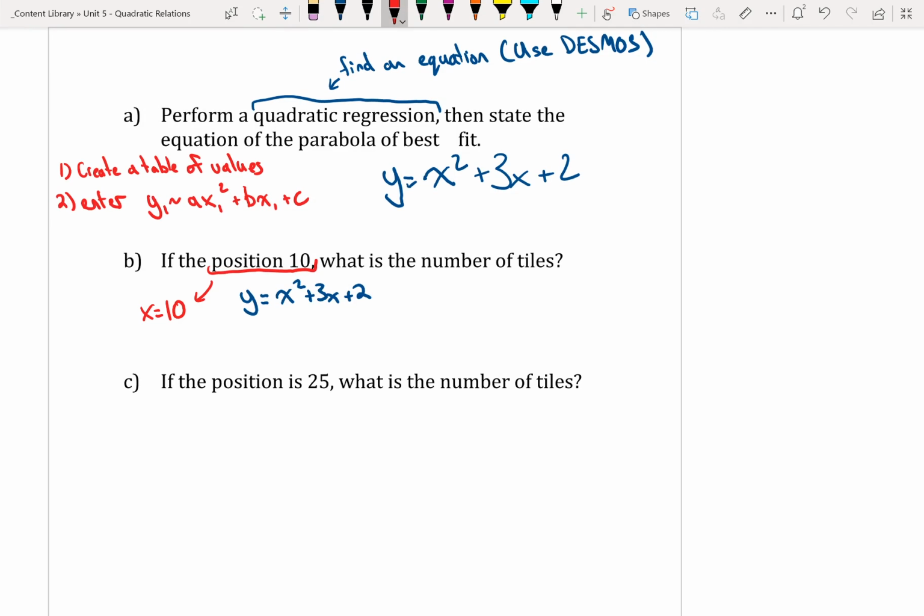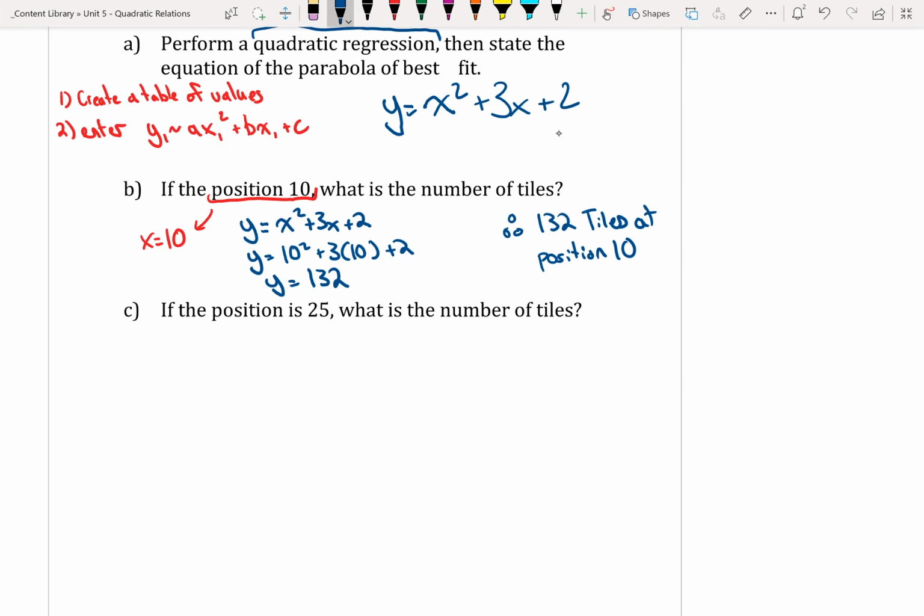So x is equal to 10, and I want to figure out what y is. In my equation, I'm going to substitute 10 in for x. So it's now 10 squared plus 3 times 10 plus 2. This is just a calculation I can solve on the calculator, and I get y equals 132. So therefore, there are 132 tiles at position 10.